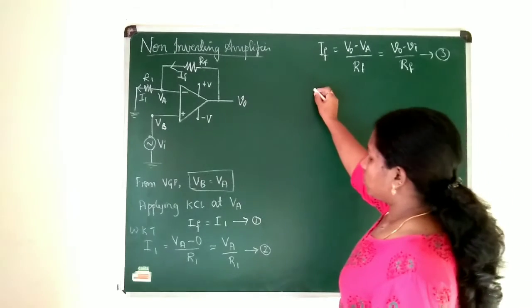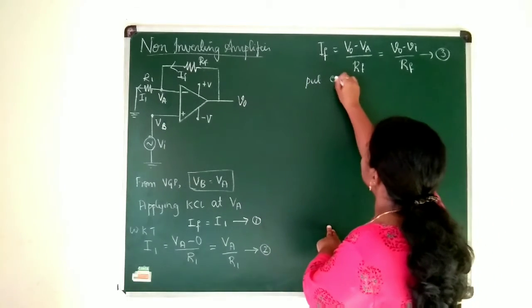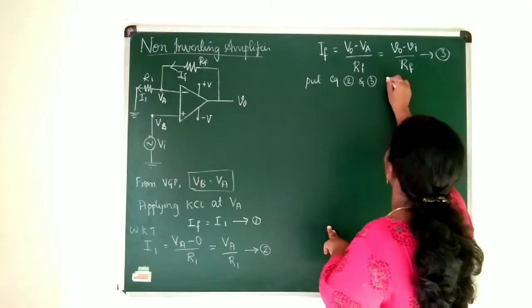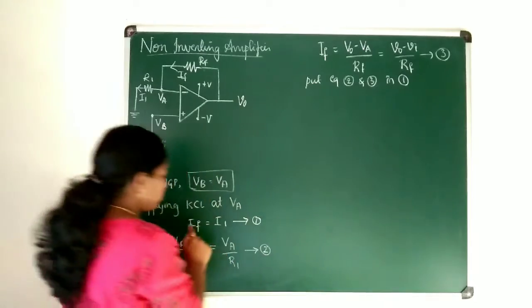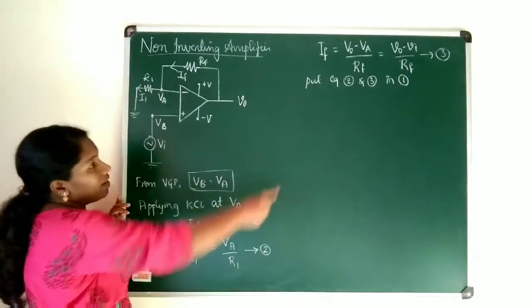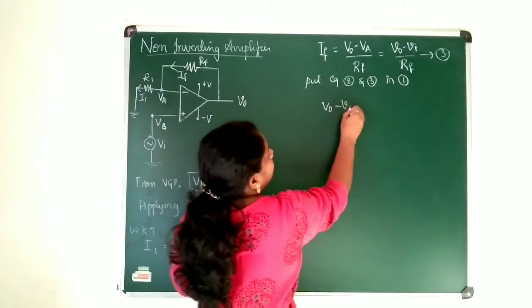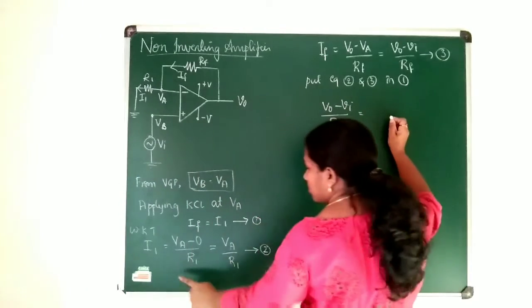Now what I need to do? I need to put equations 2 and 3 in 1. What will you be getting? See, the first equation says that IF is equal to I1. What is IF? IF is nothing but V0 minus VI divided by RF is equal to, what is your I1?